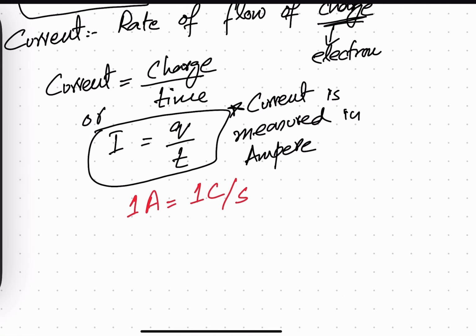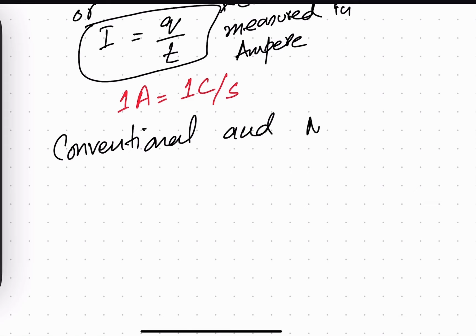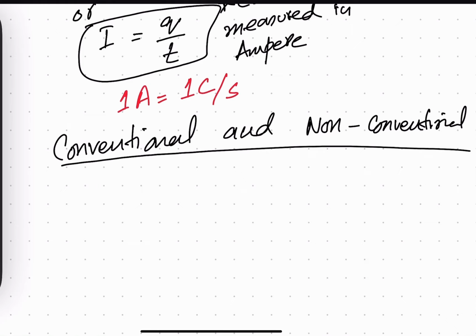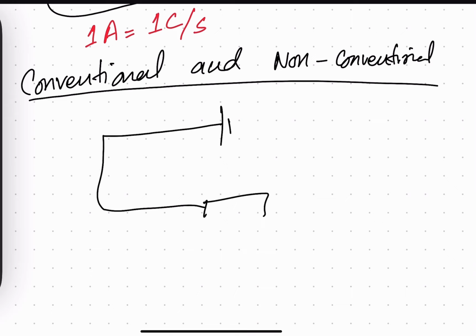Okay, so there are two different currents. One is called conventional and the second one is called non-conventional current. Let's assume a circuit with a battery or a cell, and there is some resistance attached with it.